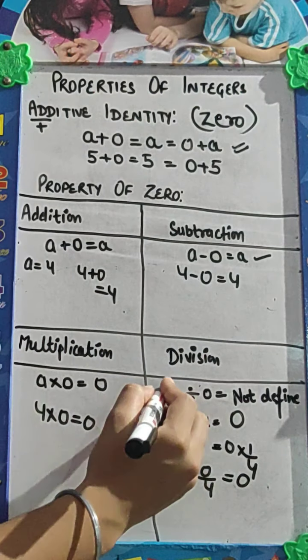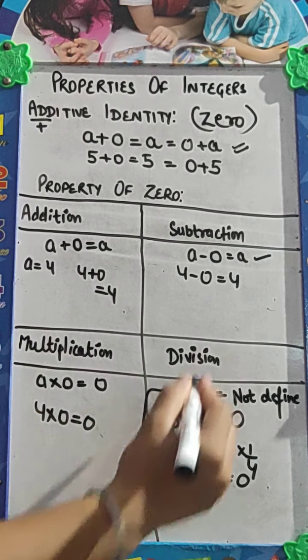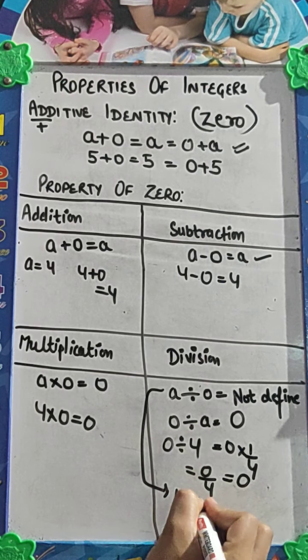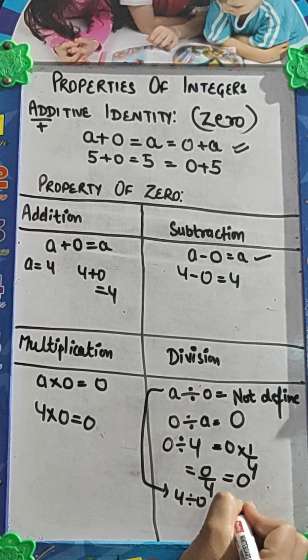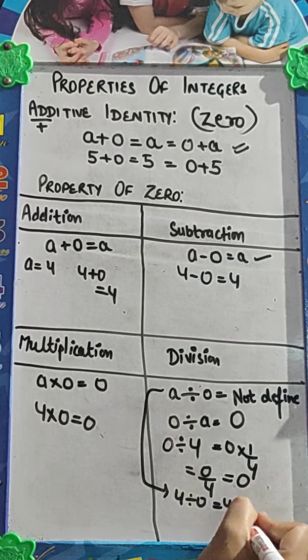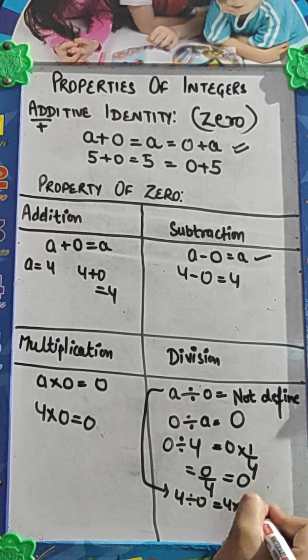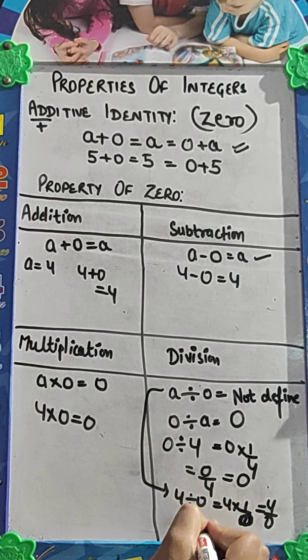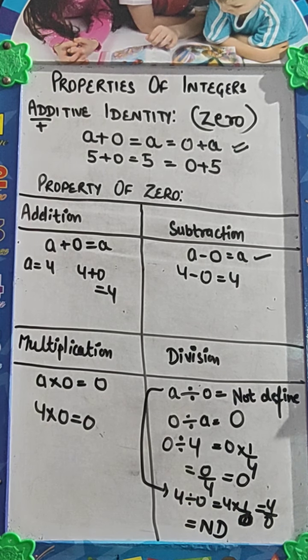In this case 0 is in the denominator, means 4 divided by 0. So 4 multiplied by 1 by 0 means 4 by 0. If 0 is in the denominator, then our answer is not defined.